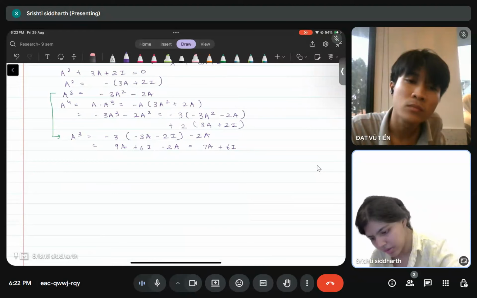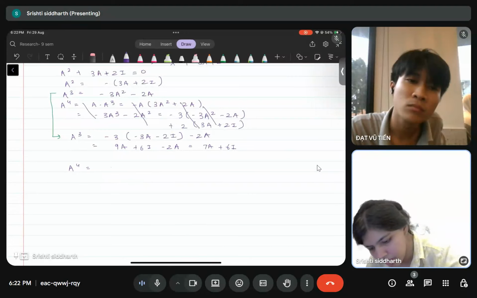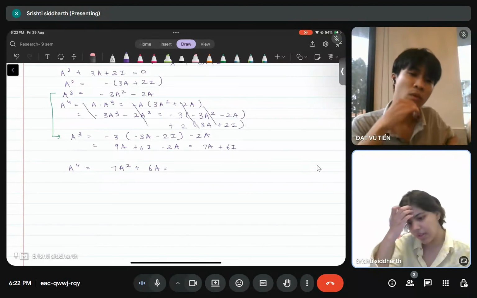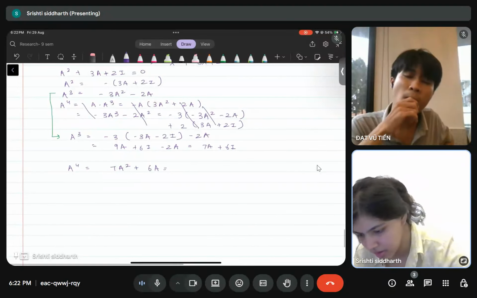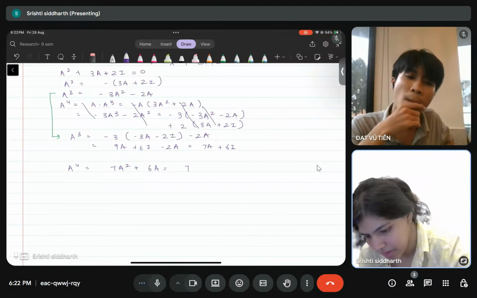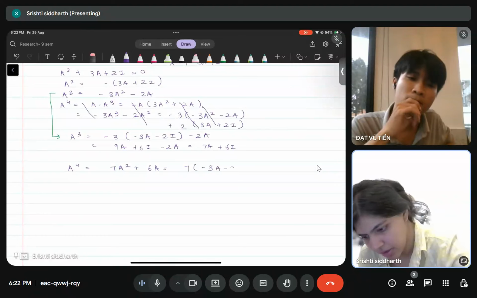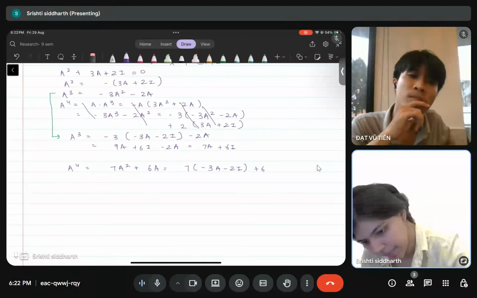Now A to the power 4 is this. A to the power 4 becomes 7A squared plus 6A. And then we can substitute for A squared again. This is 7 times 3A plus 2I plus 6A.